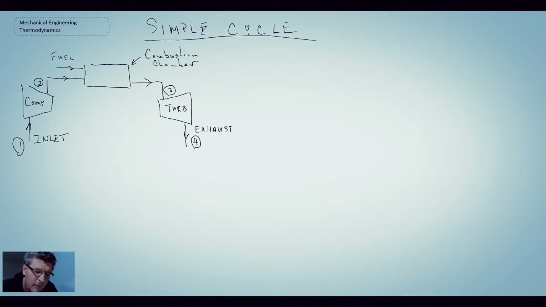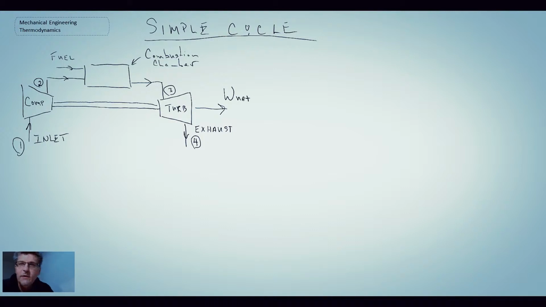Now, the turbine and the compressor within the gas turbine engine are going to be mechanically coupled, and consequently there will be a shaft that is rotating and connecting the two together. And whatever power being generated by the turbine that is not used to drive the compressor becomes the net work out of our engine.